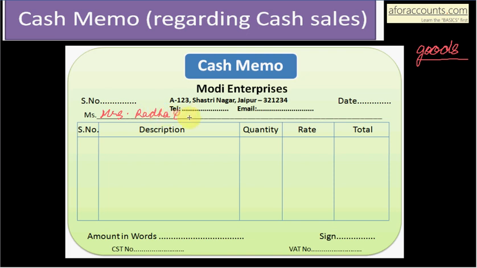So Mrs. Radha is the buyer of the goods, and Modi Enterprises is the seller of the goods. And who prepares the cash memo? The cash memo is always prepared by the seller.